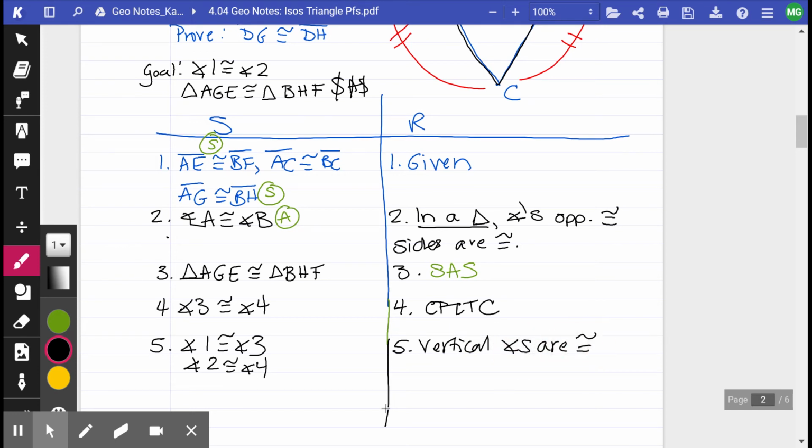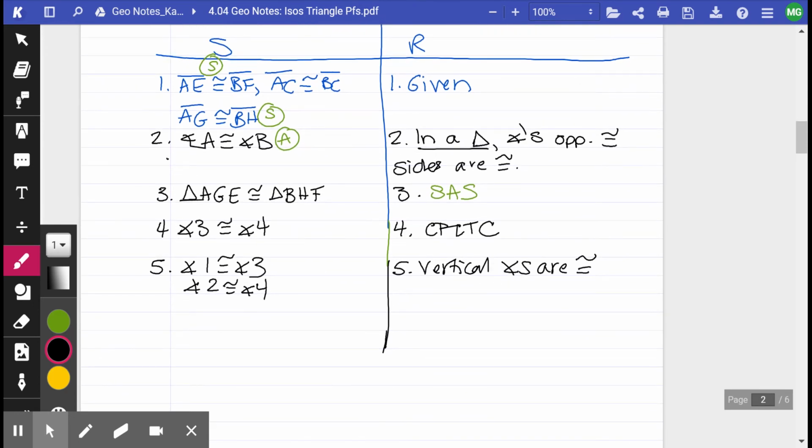So now I've got 1 and 2 in my proof, but I want to get 1 and 2 congruent to each other. We could use substitution: everywhere I see a 3, I can replace it with a 1, and everywhere I see a 4, I can replace it with a 2. That leaves me with angle 1 congruent to angle 2 by substitution.